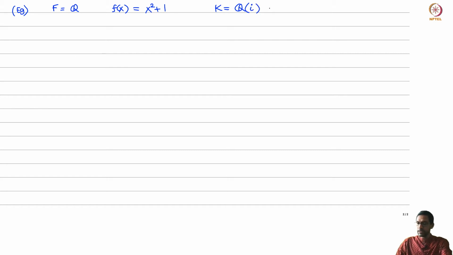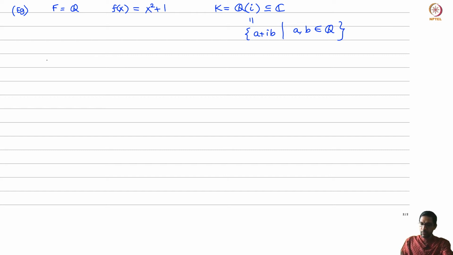This is the field of Gaussian rationals, if you wish. It's the set of all a plus ib, with a and b running over the rational numbers.